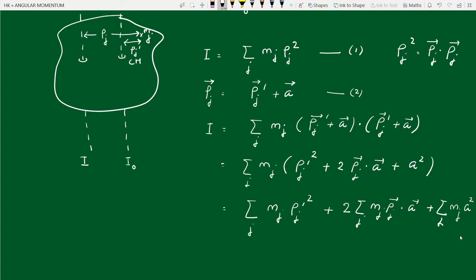We have 3 terms here. Let's call it equation 3.